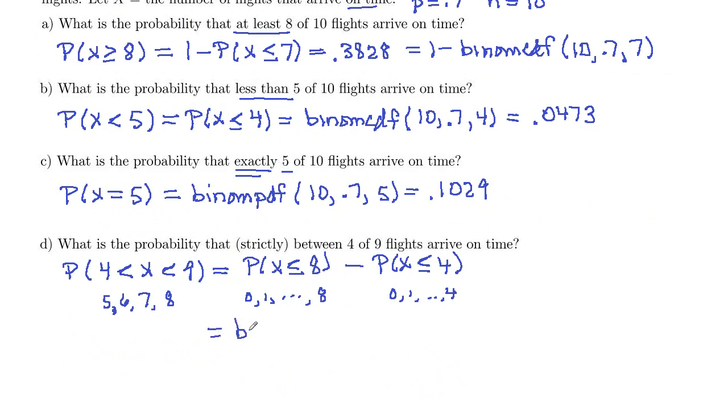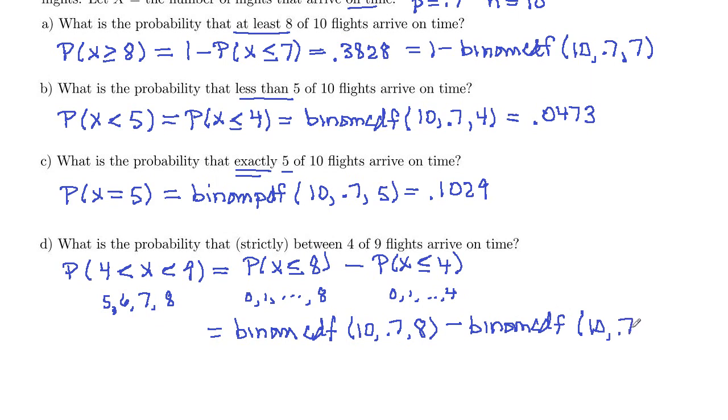So this is going to be a binomial CDF. n is 10 trials, probability of success 0.7. We want less than or equal to 8. And then subtract off the same thing with X is 4. So binomial CDF, 10 trials, 0.7 success, and 4.